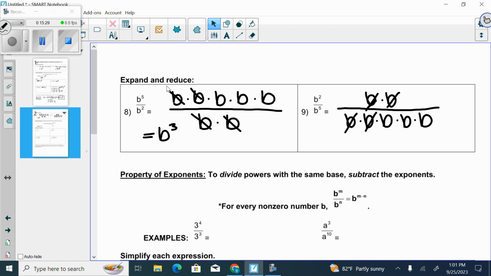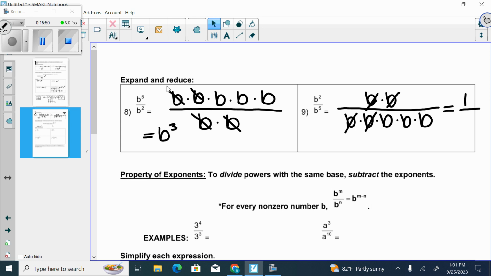Okay, so this is different because are there any B's left in the top of the fraction? No. So I have to put something up there. So I have to have a placeholder of 1, because anything that's divided by itself is just 1, right? So my placeholder is 1.